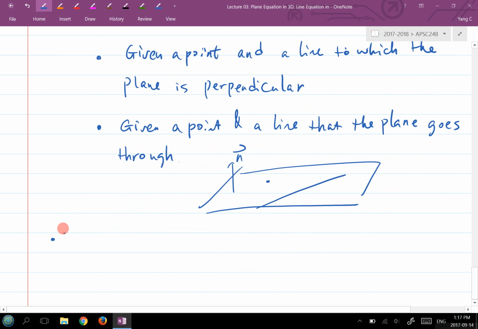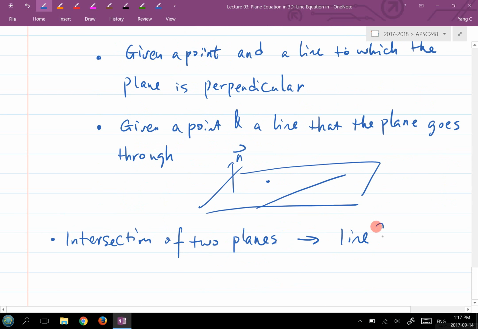Okay? Another type, it's actually very straightforward. Later we're going to look at it. It is when you intersect two planes, and you will see that the intersection of the two planes will give you a line.